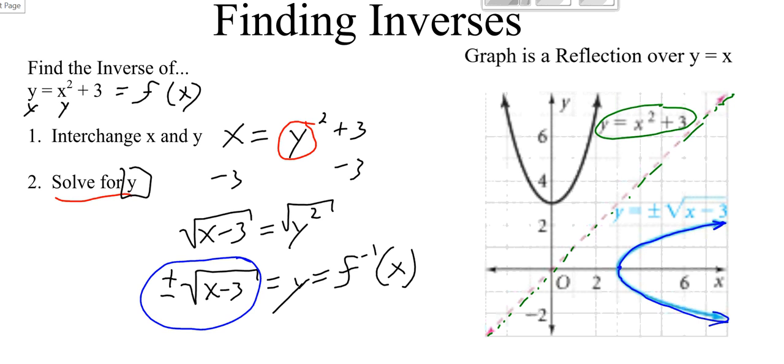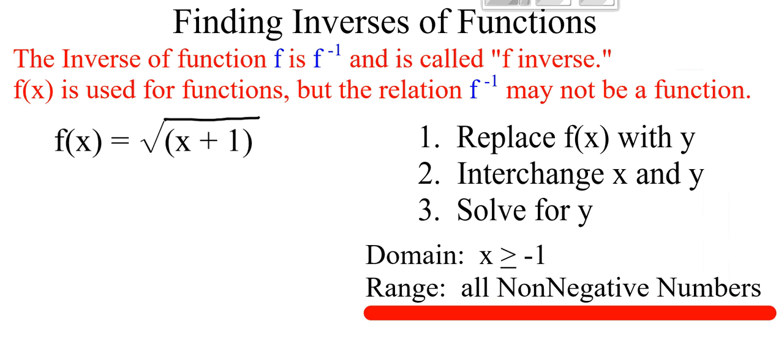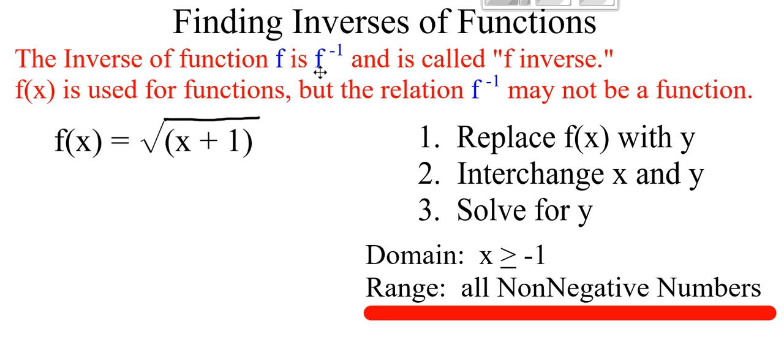As our next example, we're going to find these inverse functions. This f inverse is used, but we don't necessarily call it a function because it might not be a function. Remember, functions need to pass our vertical line test.